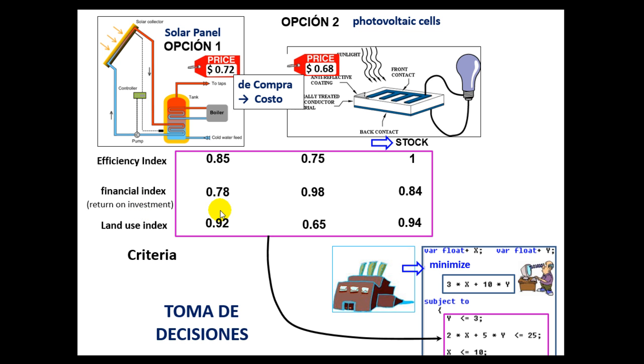So instead of calling it a stock here, you call it threshold, and then you want that this be less than or equal to 1, etc. You want to use only a certain amount of land, and you want a minimum, in this case, financial return on investment.